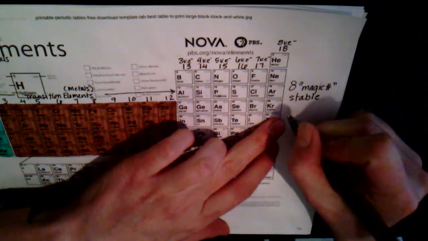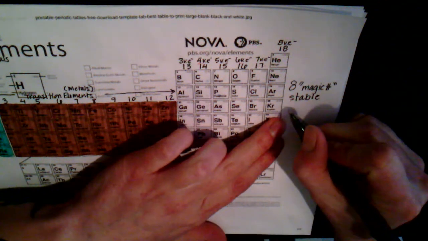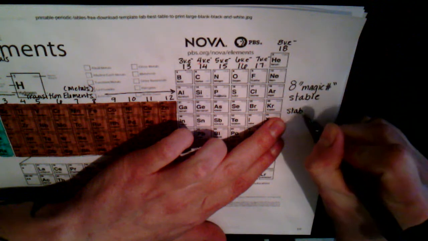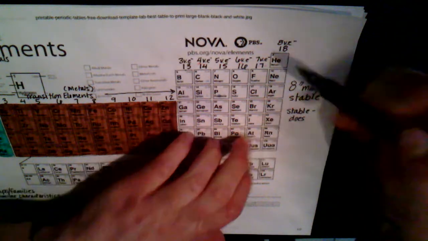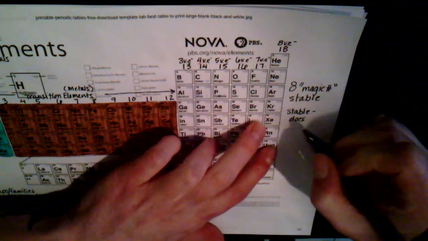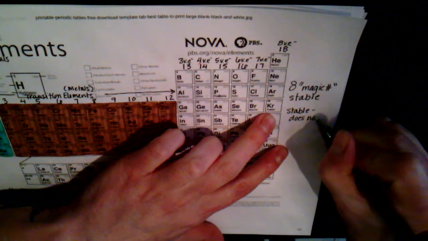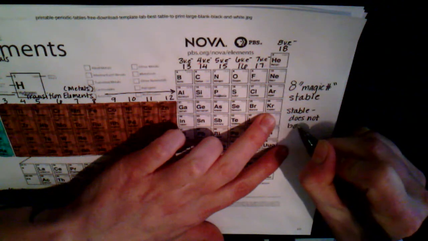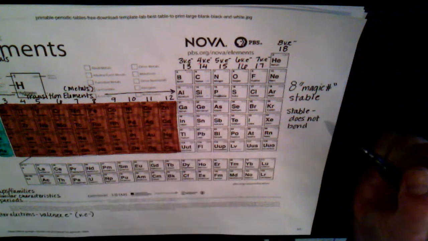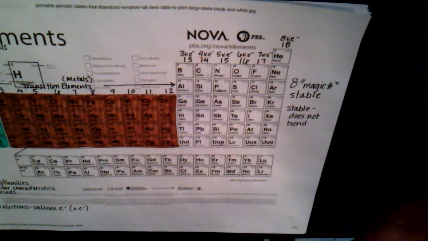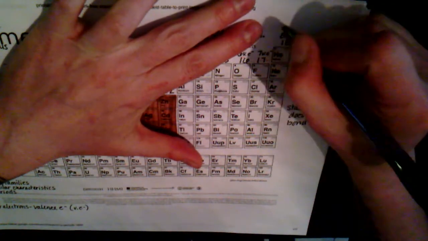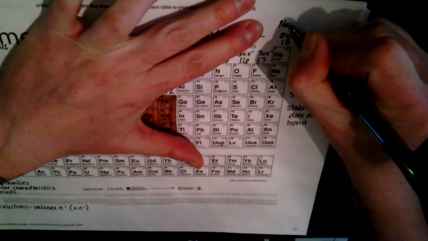So if it's stable, it does not bond. So none of the elements in group 18 bond. So you're not going to see it in a compound with anything. They're always going to be by themselves. So it'll just be neon or argon or krypton or xenon. So these elements are called the noble gases.